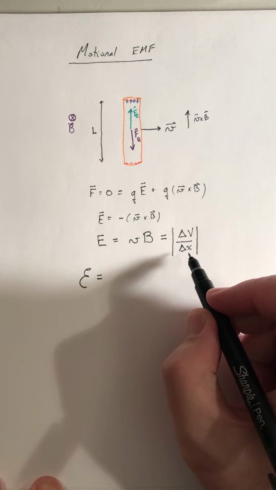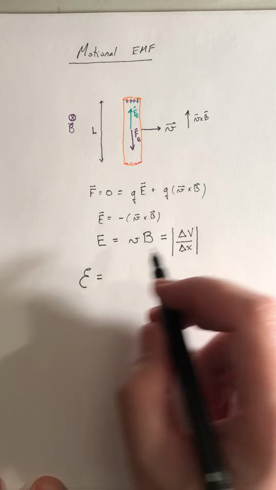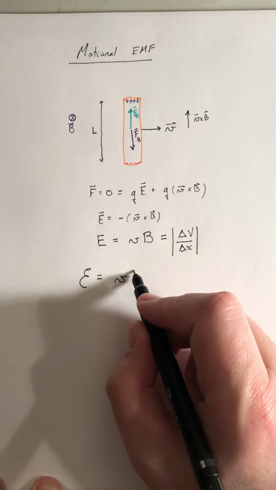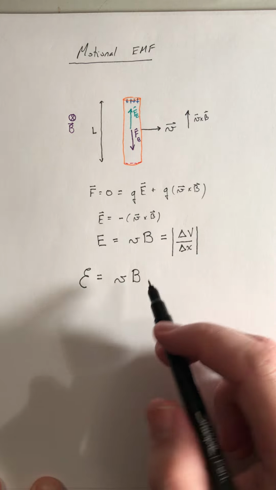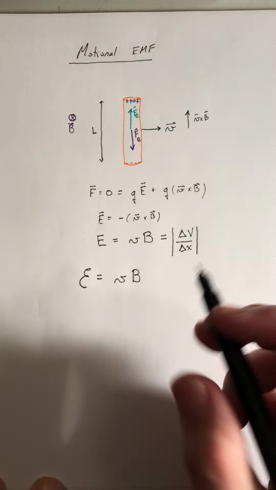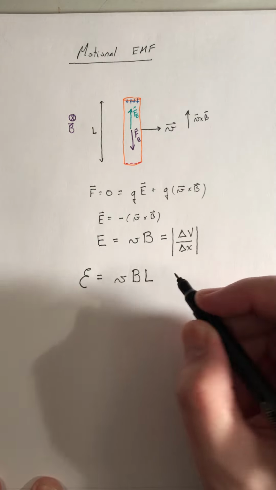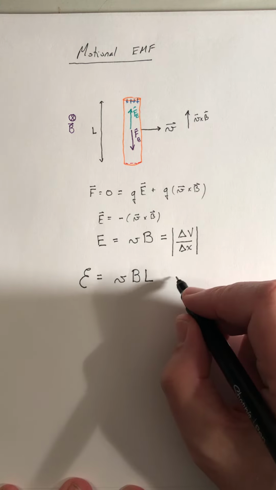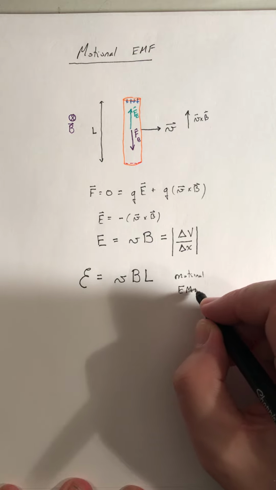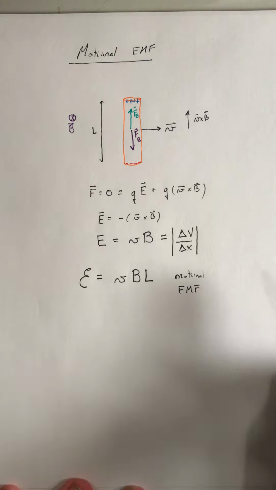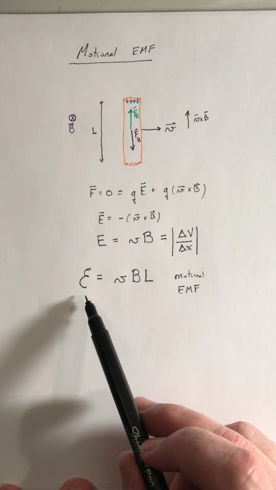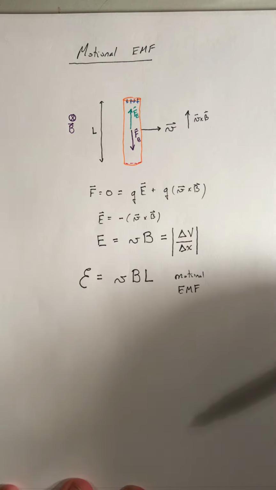That EMF is going to be the speed times the magnetic field strength, and then we have the length of the conductor, L. And that is a motional EMF. A conductor moving through a magnetic field is going to have an induced EMF across the conductor.